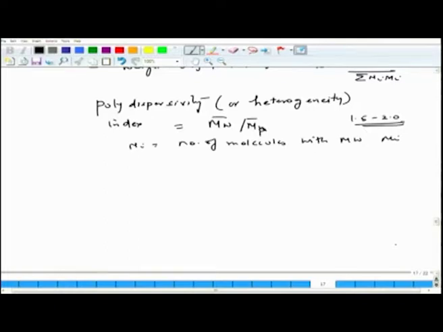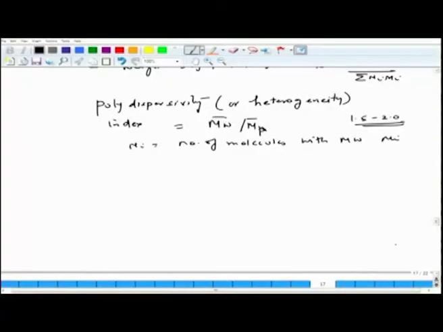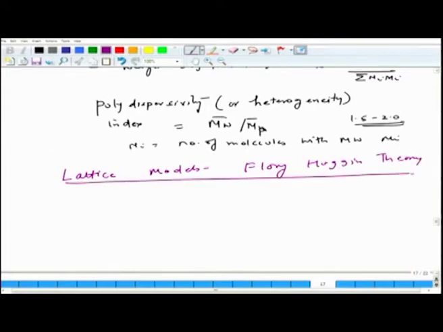So, what about the theory for polymeric solutions? A popular theory is given by Flory-Huggins theory, which is based on lattice models. So, what are the assumptions for this?